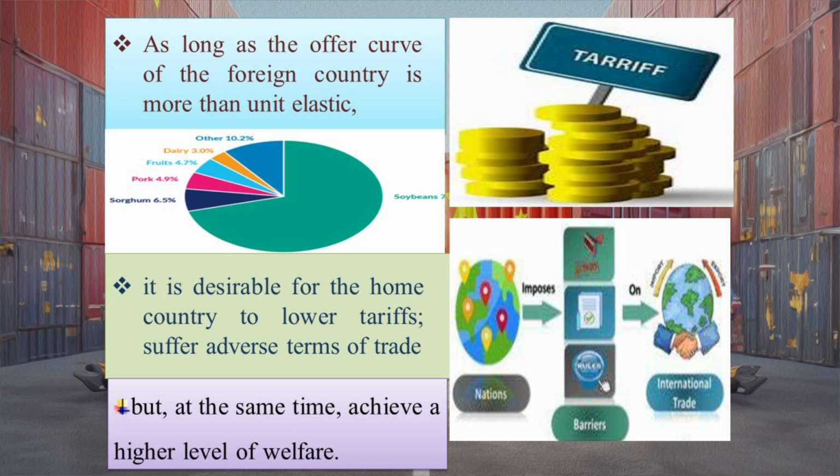Country A has to lower the tariff, and for that it may suffer adverse terms of trade. But at the same time, it may achieve a higher level of welfare.